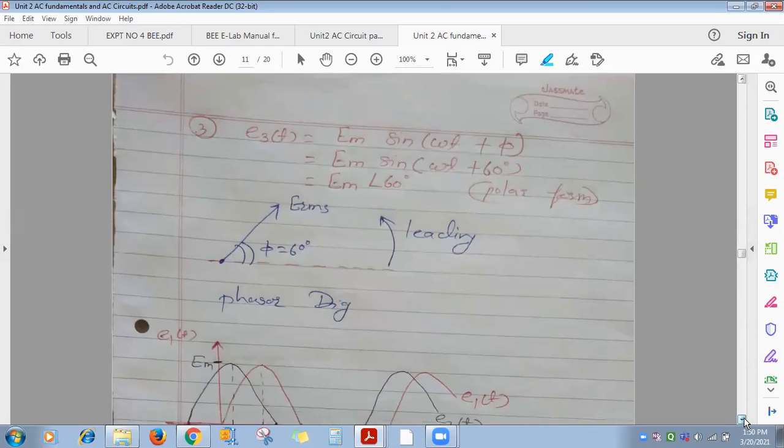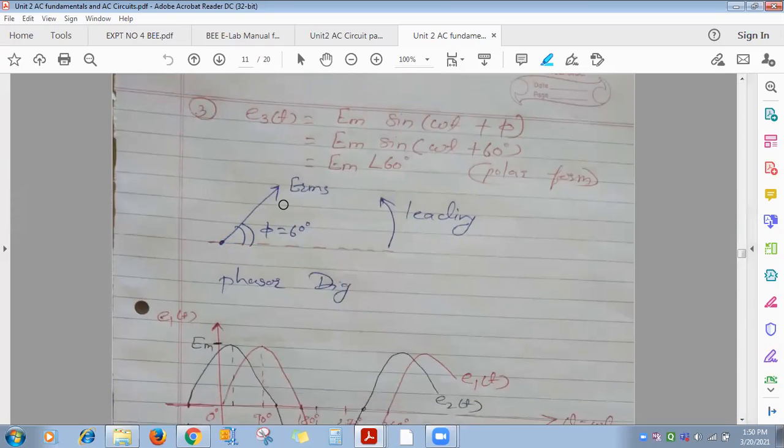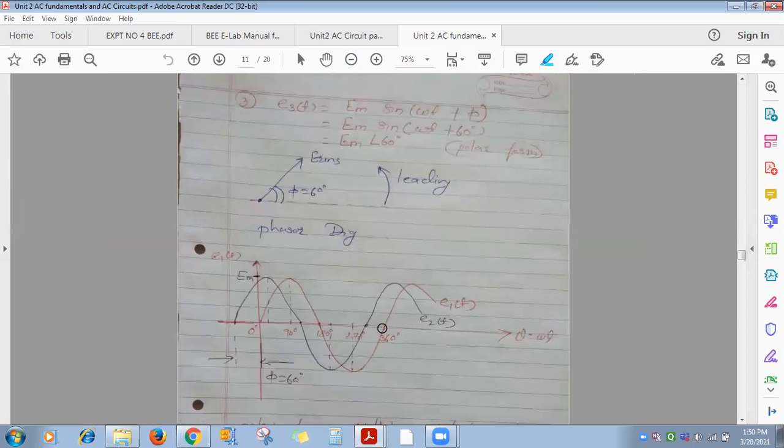And what about graphical representation? Now see, the first waveform, the red one, is E1 equals Em sine of omega t. At origin it has 0 value, the first positive peak occurs at 90 degree, the first negative peak occurs at 270 degree, and so on. So this is E1(t). Now what about E3(t)? It leads E1(t) by 60 degree.